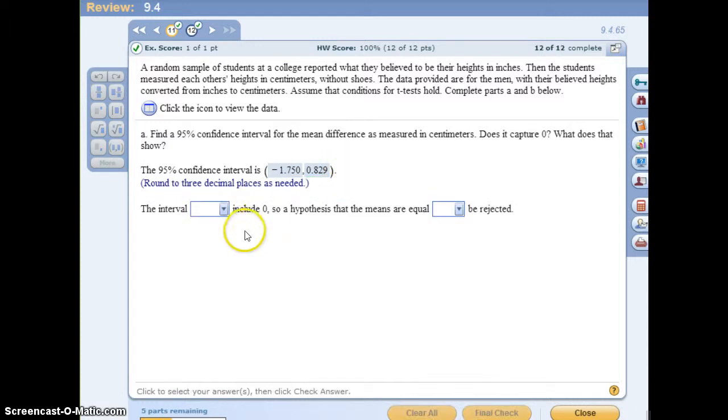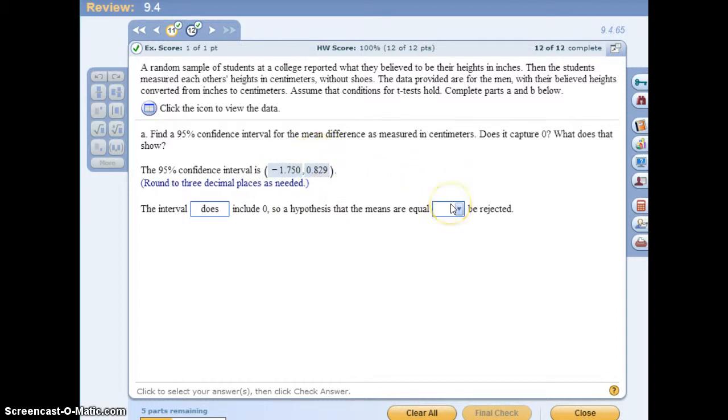Awesome. And then now we need to answer this. Since the interval goes from negative to positive, the interval actually does capture 0, because between the lower bound and the upper bound it captures 0.